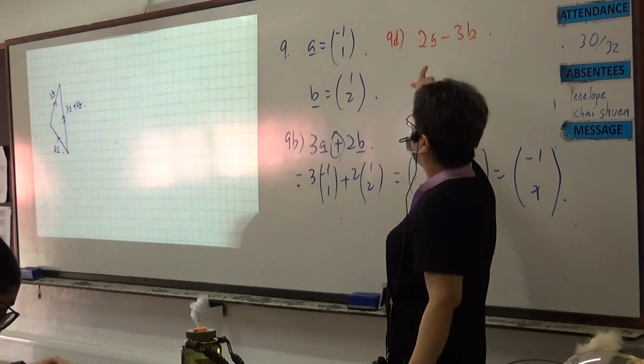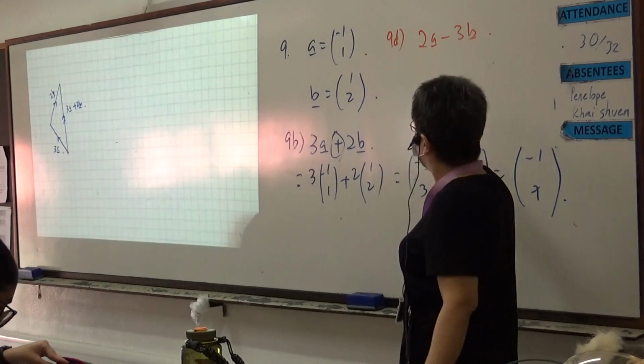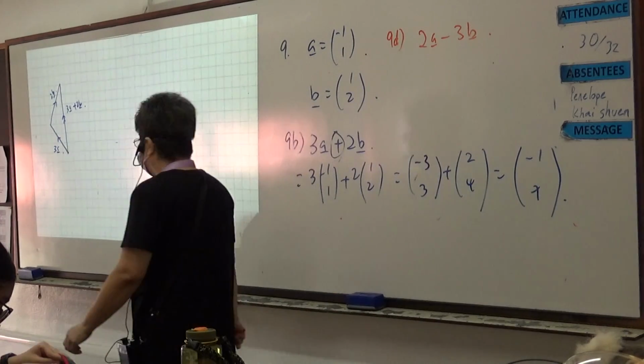I want you to look at 9B. After you've done that, can you do this numerically for me first?